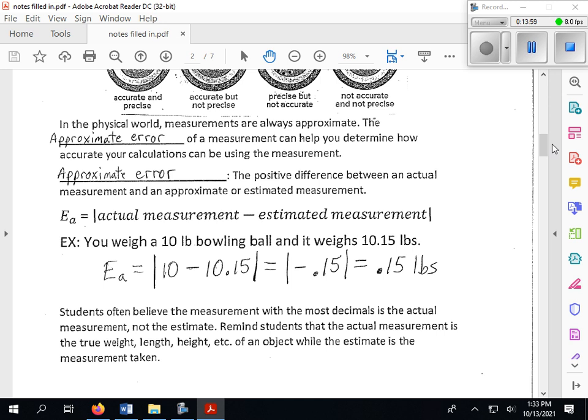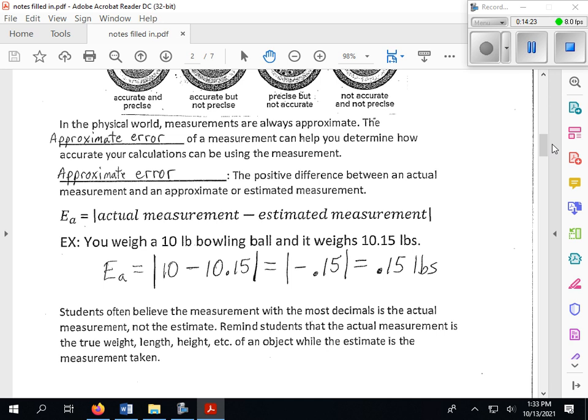Oh, the scale is our estimated measurement. All right? Now, I know that doesn't seem to make a whole lot of sense, right? But let's change it, because you guys don't think it makes sense because we let Hunter tell us something and you're thinking, no, that can't be the actual. We're going to go by the scale, not by what he says.